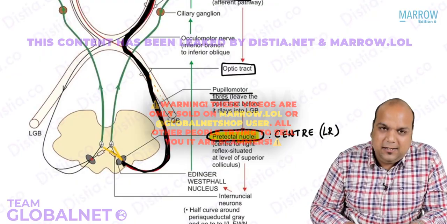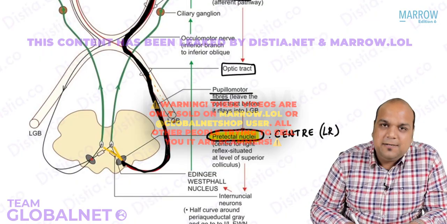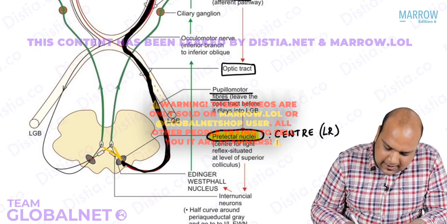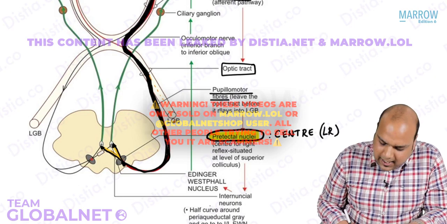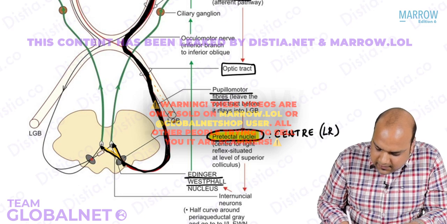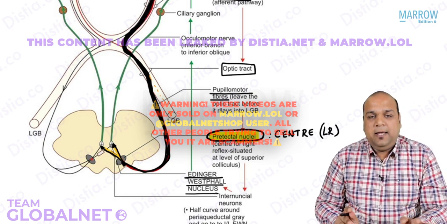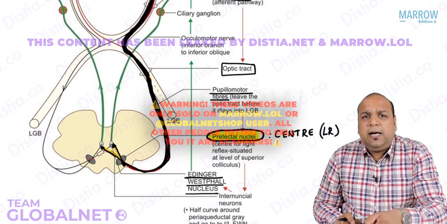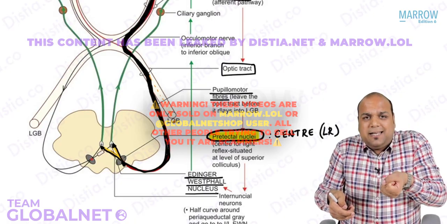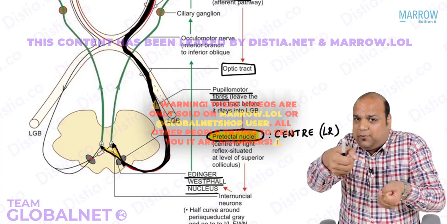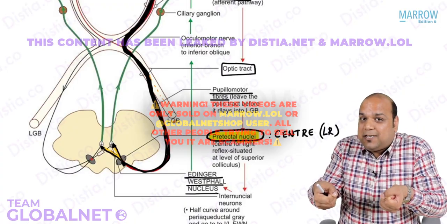Now, from the right pretectal nucleus, everybody, that is where the magic happens, you can say. From the right pretectal nucleus, follow these yellow lines, everybody. We see that the impulse travels to the right side as well as to the left side Edinger-Westphal nucleus. So the impulse which was only in the right pretectal nucleus is getting split into two parts, traveling to the right, the ipsilateral Edinger-Westphal, as well as the left, the contralateral Edinger-Westphal.